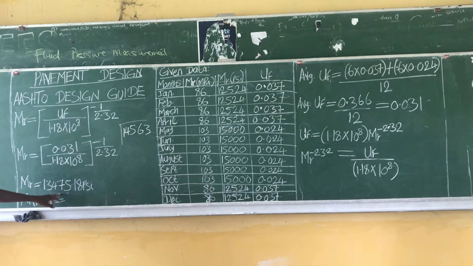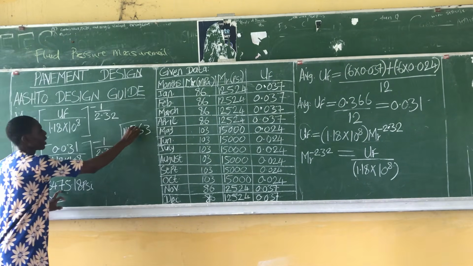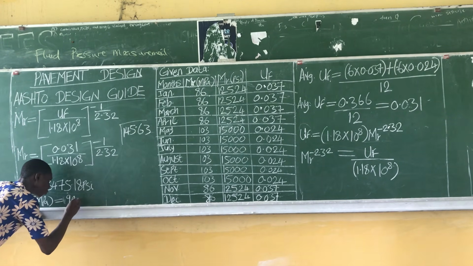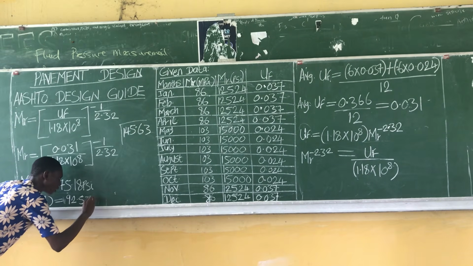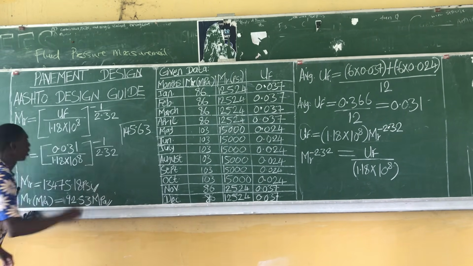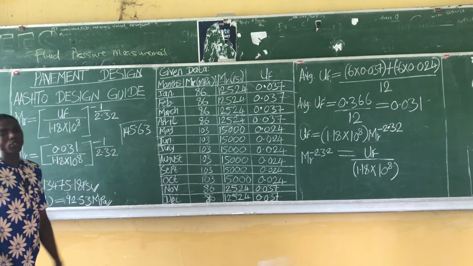So dividing this answer by 145.63, we have our effective resilient modulus in megapascal, which is 92.53 megapascal. That's how to determine our effective resilient modulus.